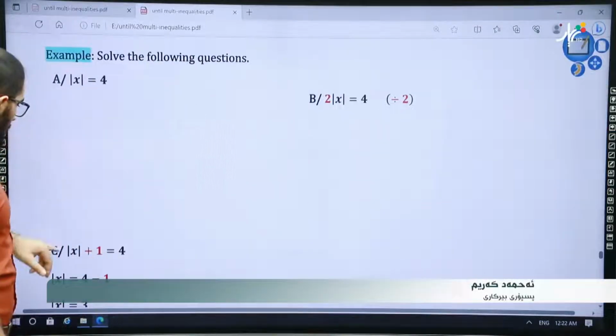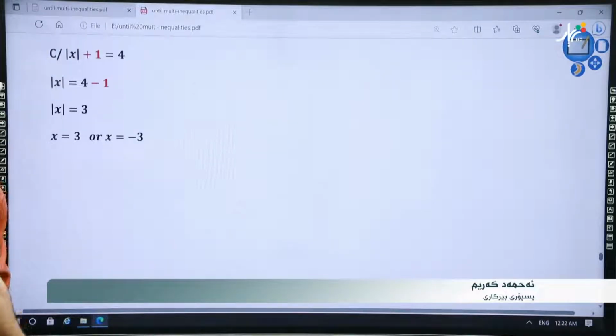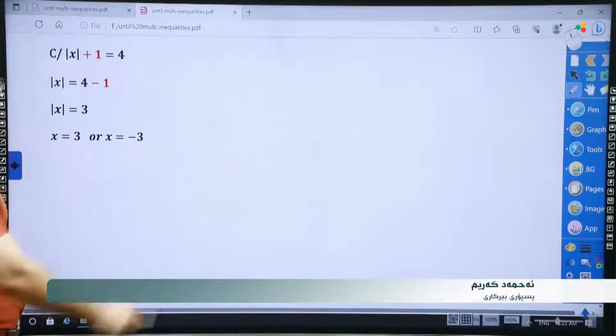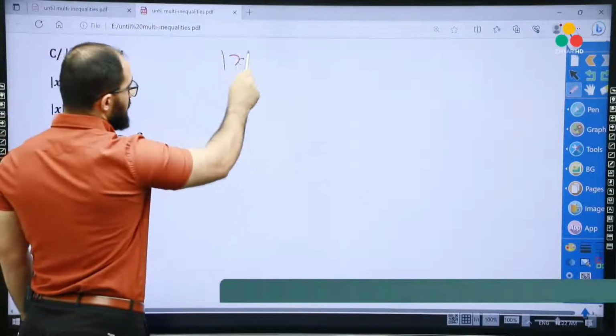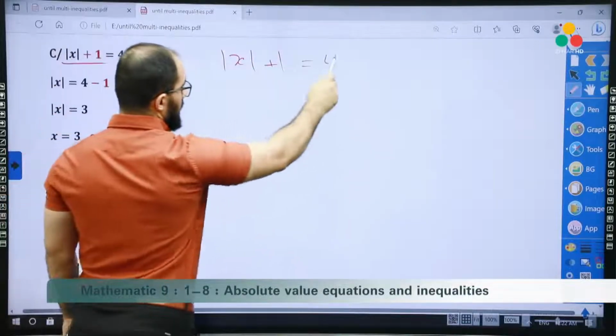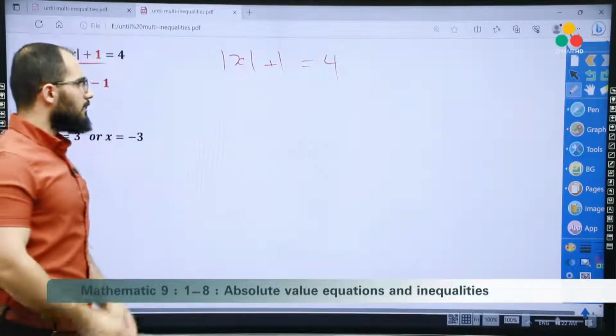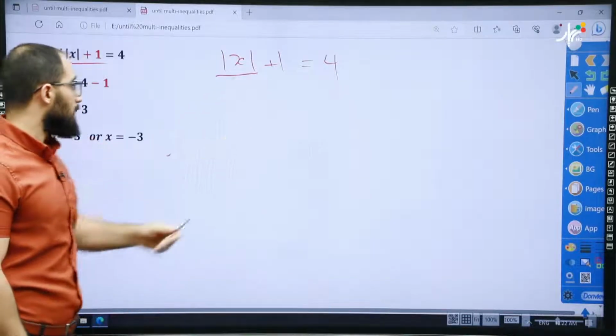Let's go on to the examples. Right now we have x plus 1 inside the absolute value: the absolute value of x plus 1 is equal to 4. Again, the absolute value of x is not alone. We have positive 1 with it.